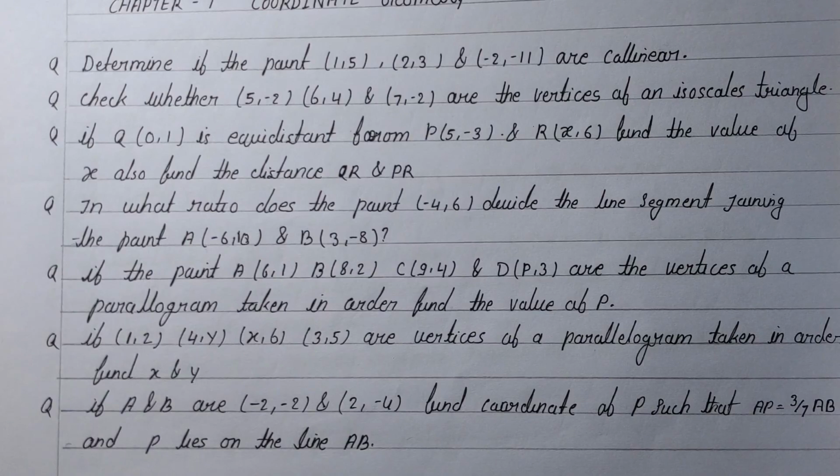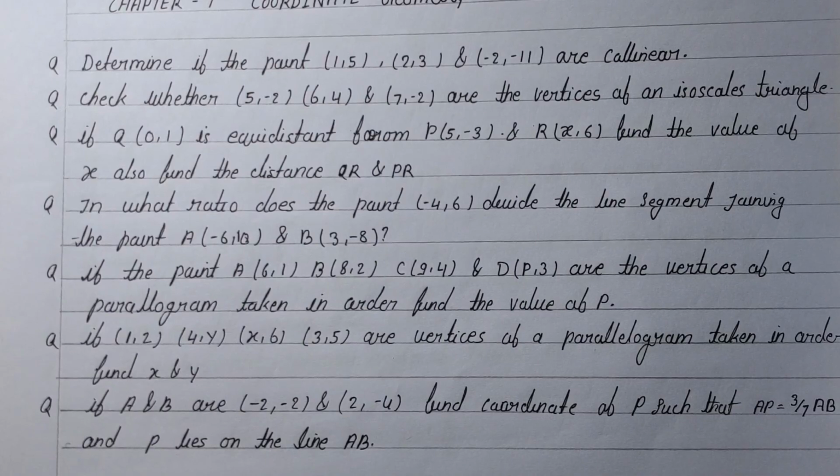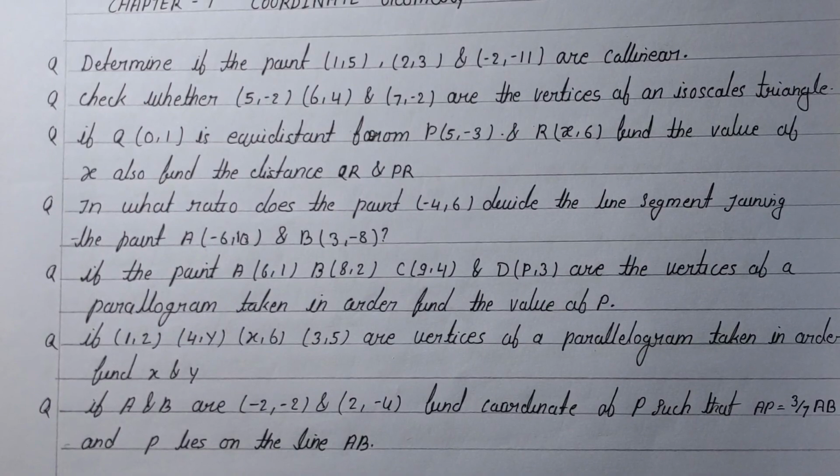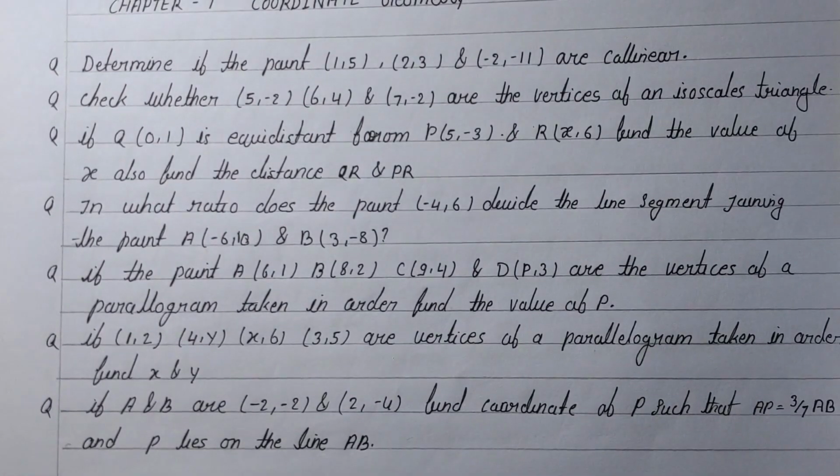Next, in what ratio does the point (-4, 6) divide the line segment joining the points A (-6, 10) and B (3, -8)?